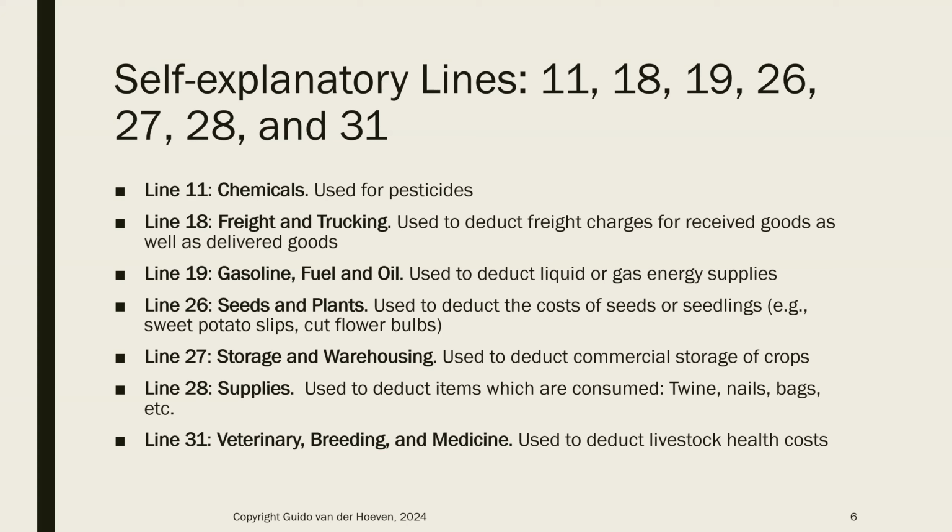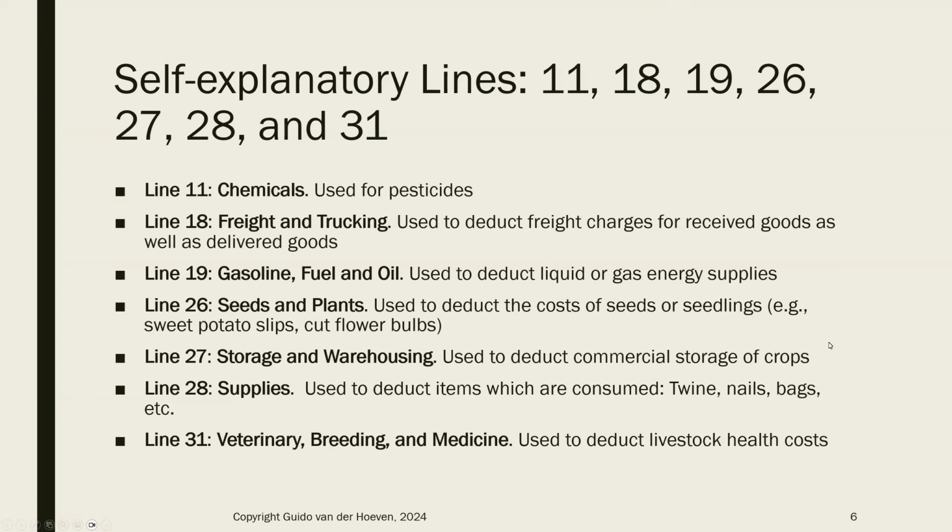Seeds and plants, storage and warehousing supplies, and vet, breeding and medicine for livestock health costs. When you look at the line descriptions, when you look at the instructions for filling out Schedule F, they're very simple and basically you can look at it and say, yep, I can understand.